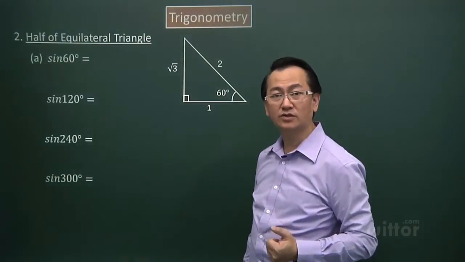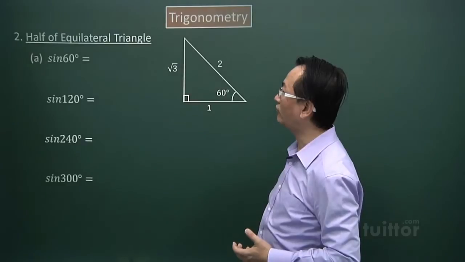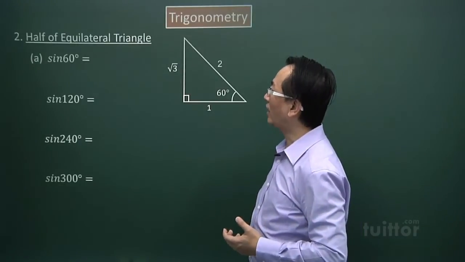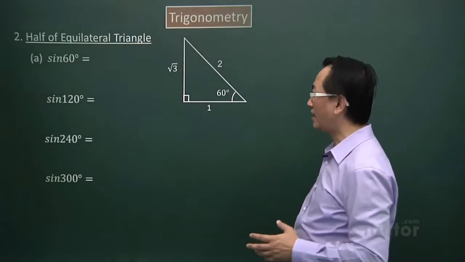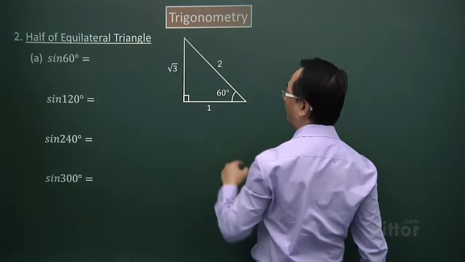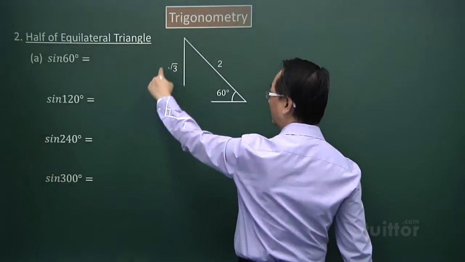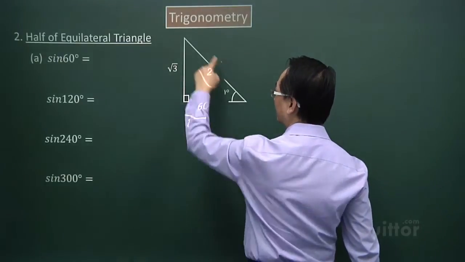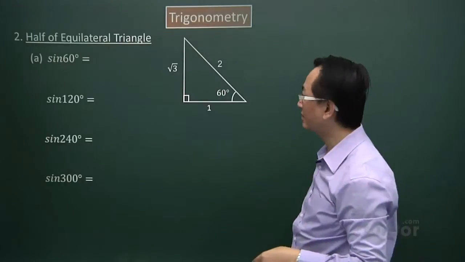So for part 2, we're looking at half of an equilateral triangle. What I mean by that is this is only half of an equilateral triangle. A full equilateral triangle would be a triangle like this, with all 3 sides the same length.